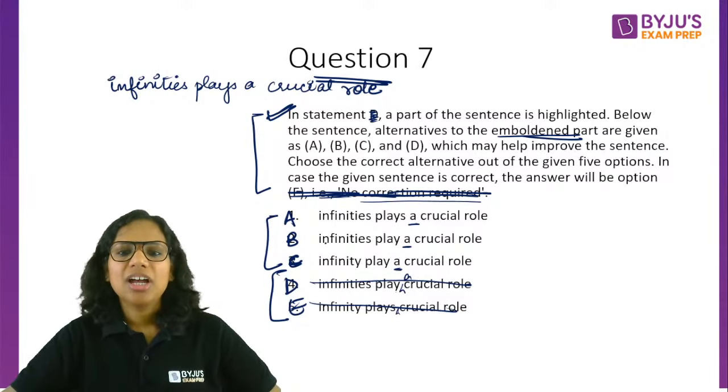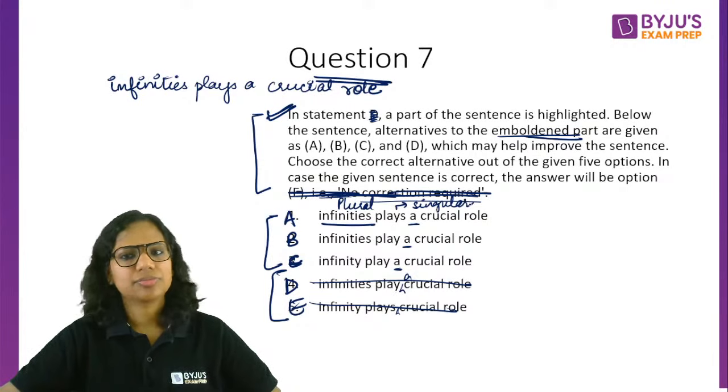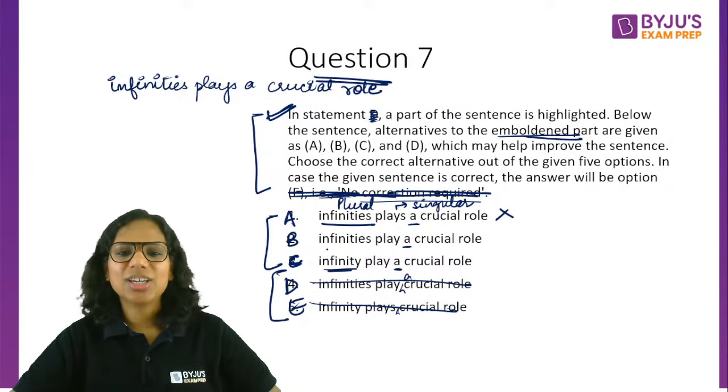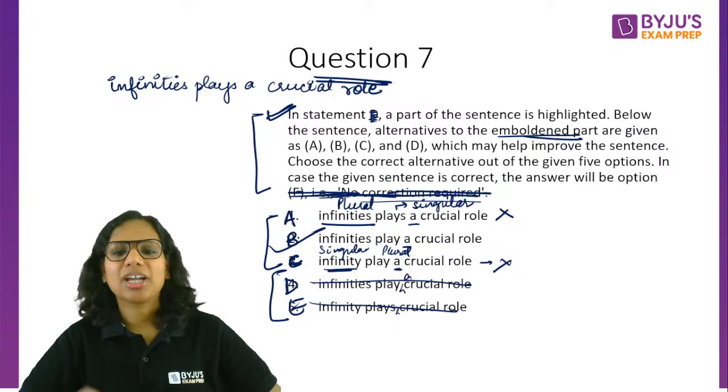Now, infinities is plural. Plays on the other hand is singular. So inconsistent. Infinity is singular. Play on the other hand is plural. Inconsistent again. So the answer is B.